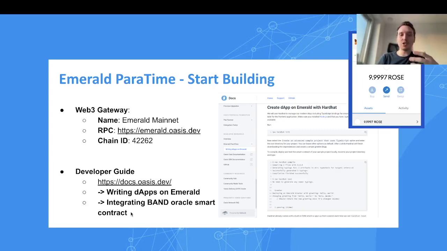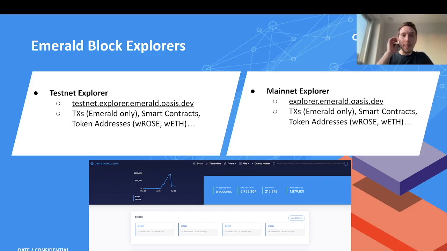And then there's also the whole guide on integrating the Band Oracle smart contract, which will give you very simple steps if you want to include some price pairs like BTC versus USD, ETH versus USDT, in your dApp, for example.